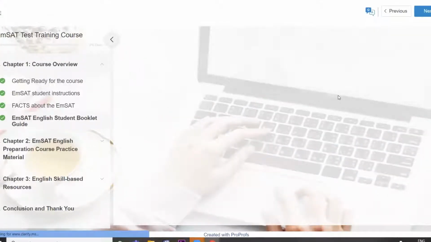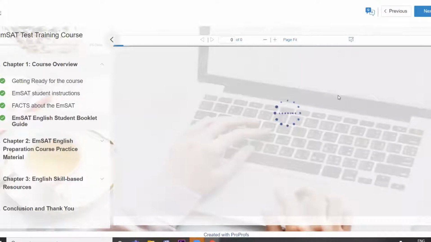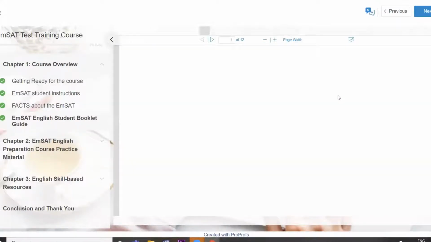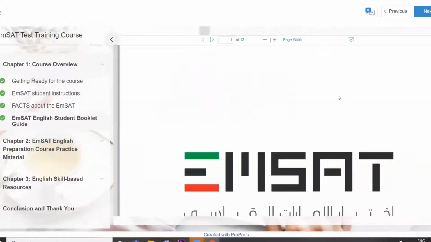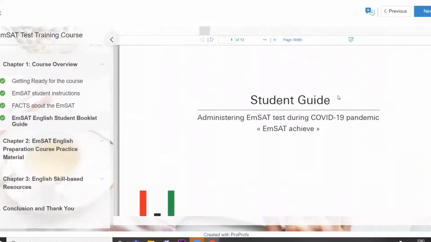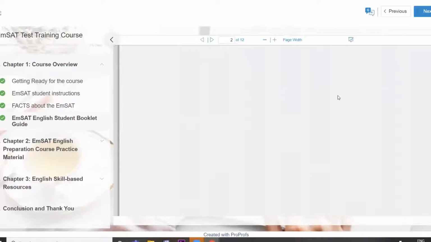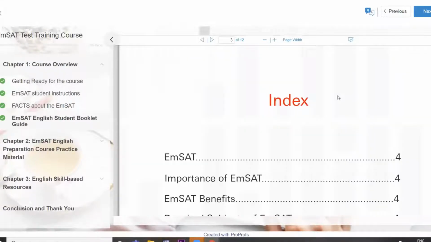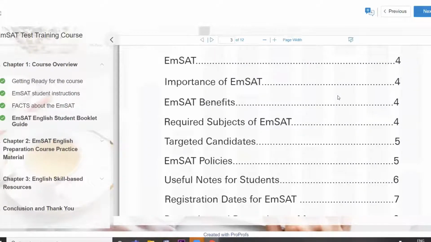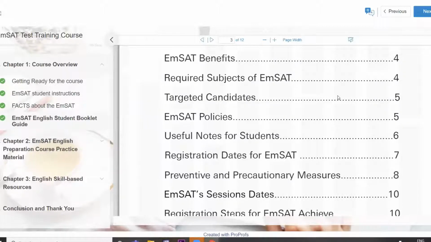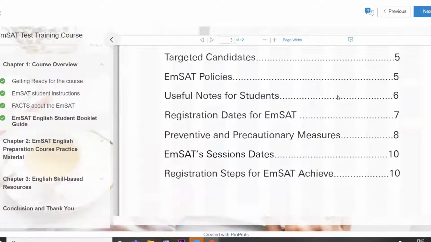Okay, Ahmed, we're going to spend a few more minutes going through the pages of this student guideline. What is the Emirates Standardized Test? Here you see what instructions and information you need to know, including the importance, the benefits, the required subjects, targeted candidates, and so on.